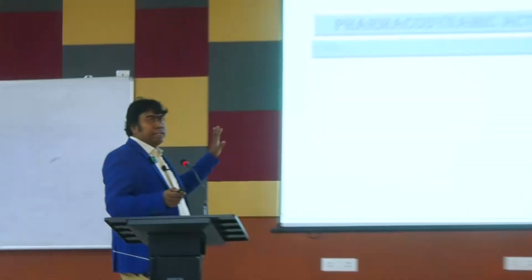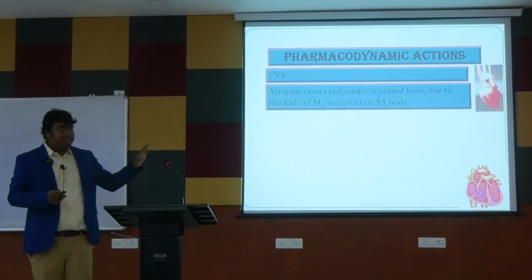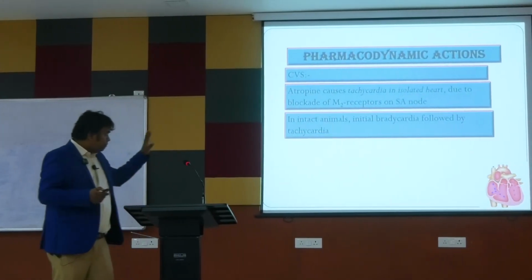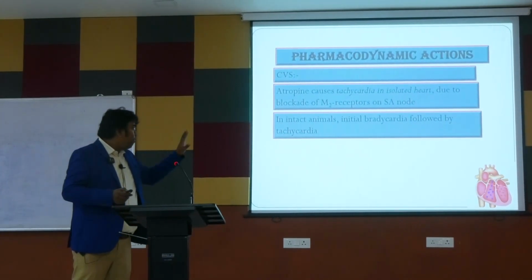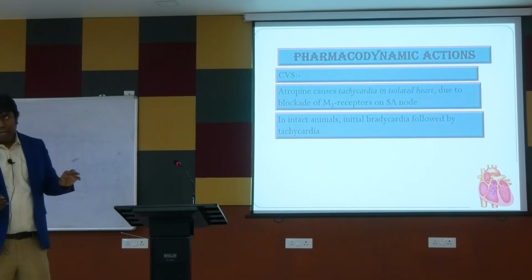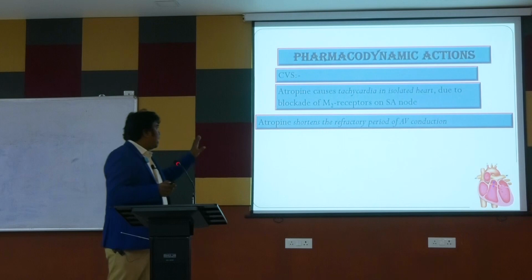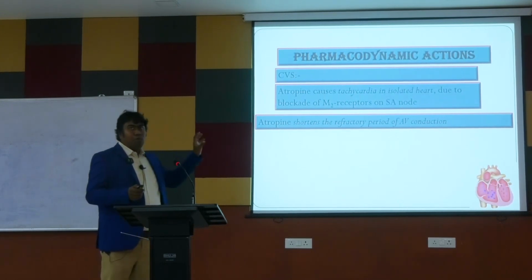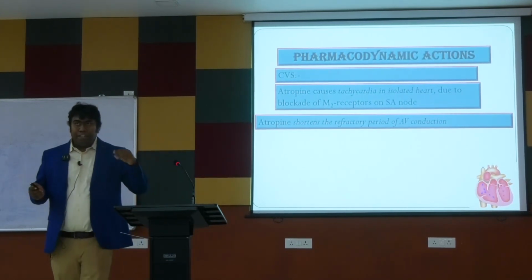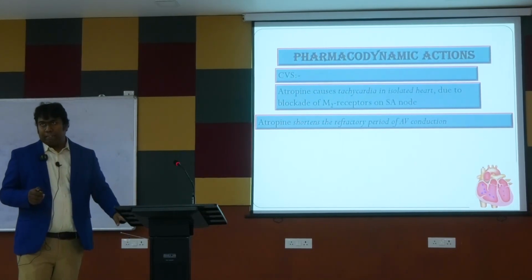For the heart, they act on M2 in the SA node and cause initial bradycardia followed by tachycardia. Clear? Then atropine, how does it reduce or increase the heart rate? By shortening of the AV conduction.